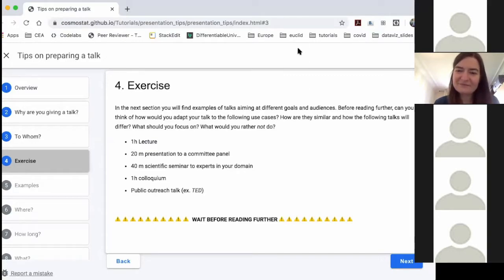In comparison, for an outreach talk, you can just assume that nobody knows what you're working on, and then you can be really explicit on different things. Okay, that's very interesting, and I think there's a lot of truth in it.